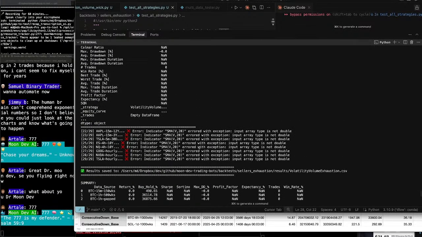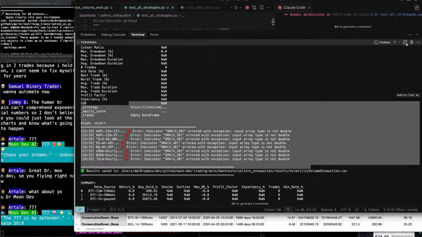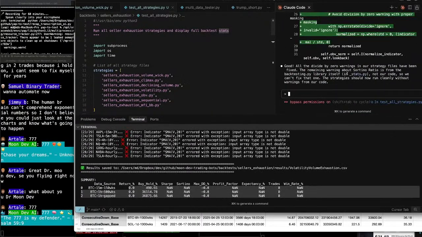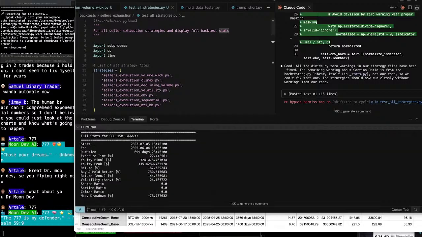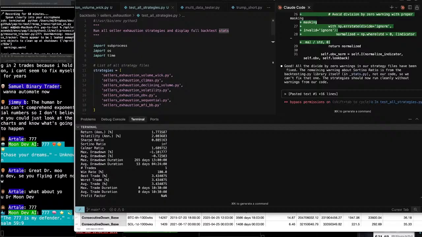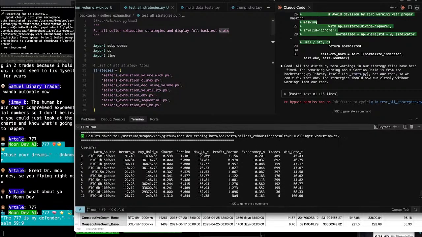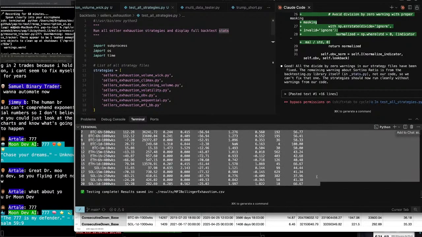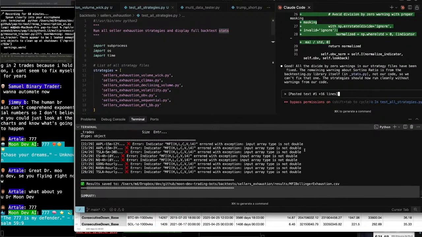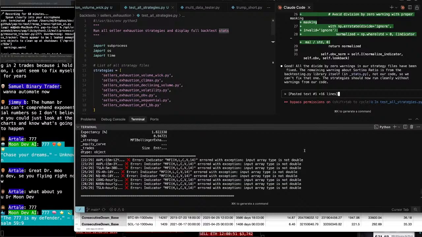I think this summary is what I want. You can see that some of them have errors with the Apple ES data.